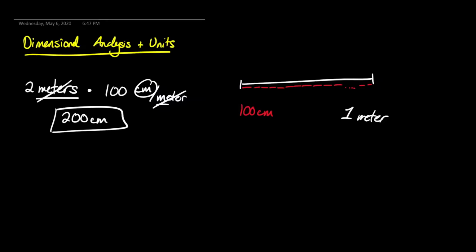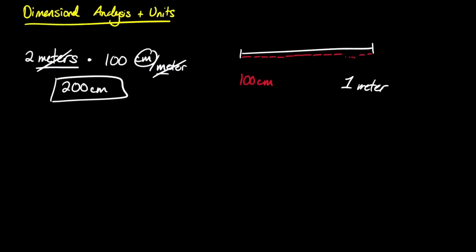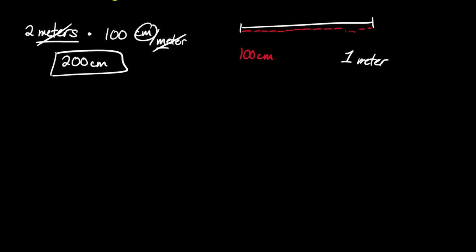Now, in chemistry, this channel will serve, especially this video, will serve physics and chemistry. There's a way to do this to be extra sure that you don't accidentally multiply or divide, and it involves turning these numbers right here into sort of tables.